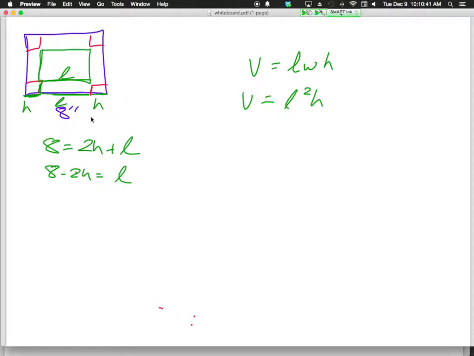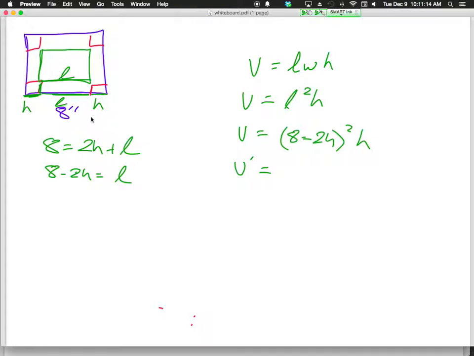Well, I have now isolated the variable, so what do I want to do now? Plug it back into the other equation. So I'm going to get V equals (8 minus 2H) squared times H. So now I've got that one ready to do what? Take the derivative. So what's the derivative of V? dV over dt, but we're not doing anything with time, so I can just call it V prime.